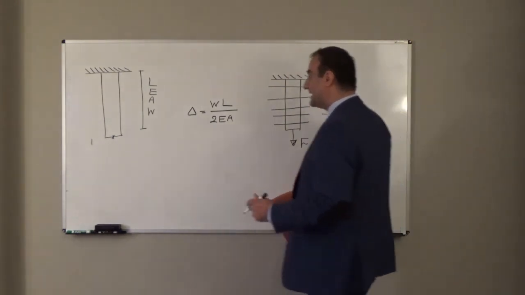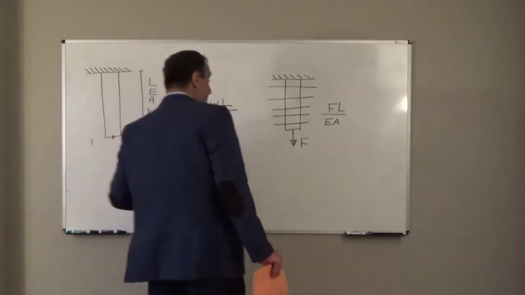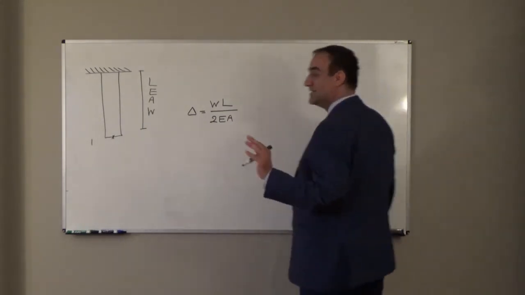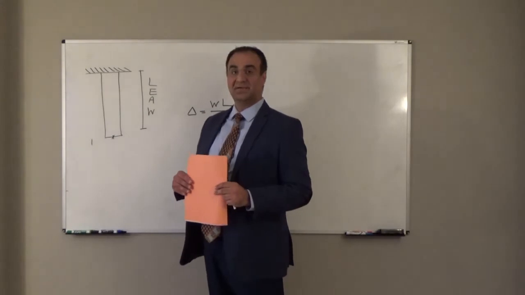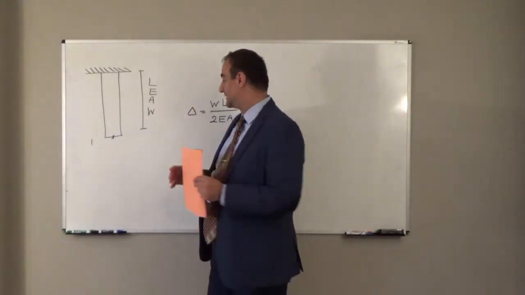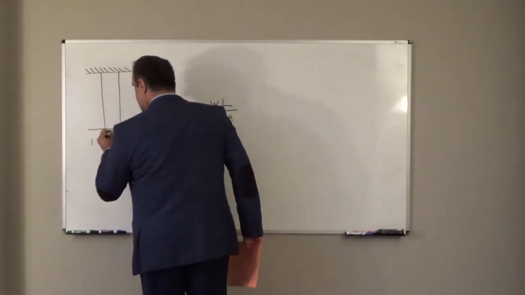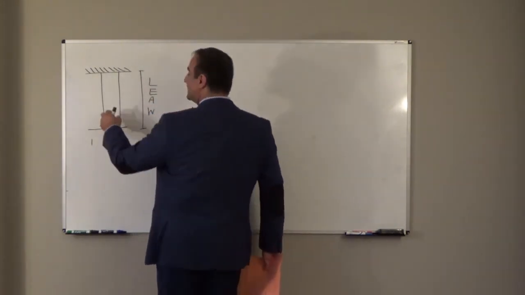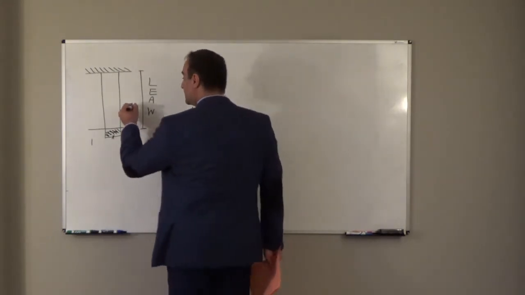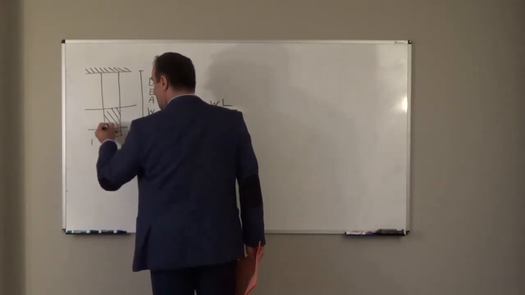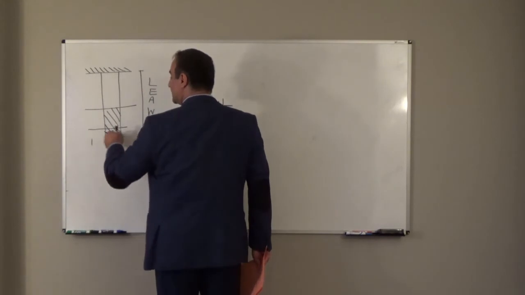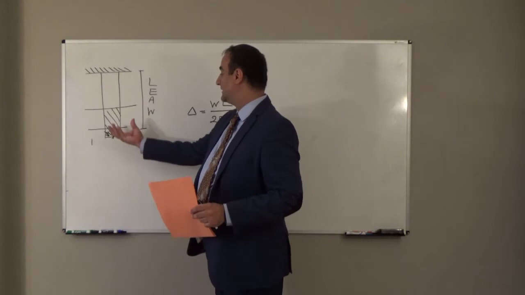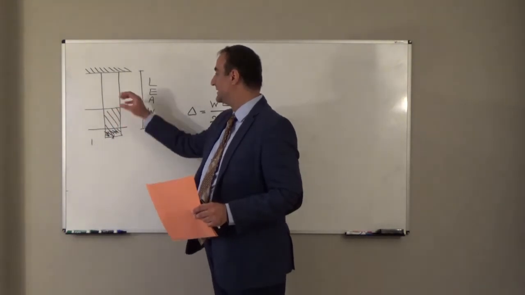But if it is hanging under self weight, it is not the same behavior. The behavior will be totally different. If I cut here, the weight of this part acts like an external load, and the weight of this part is hanging from the top part.